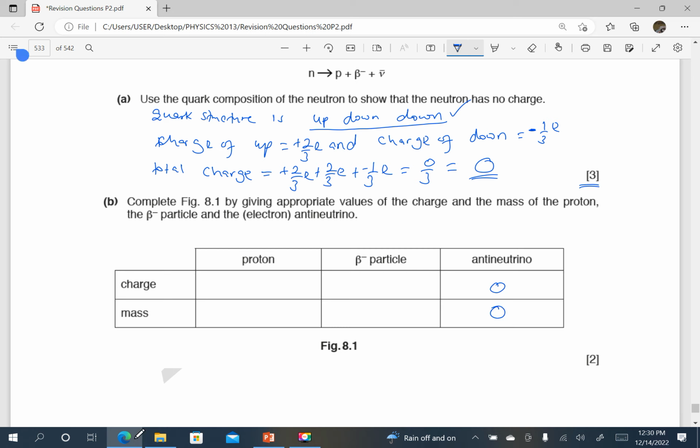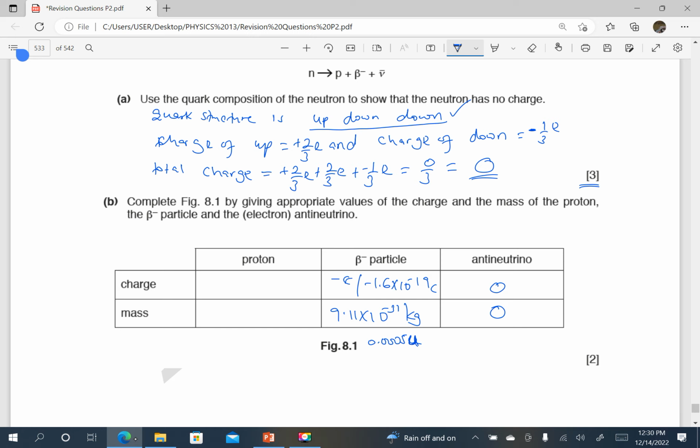A beta minus is an electron whose charge is negative e, or negative 1.6 times 10 power negative 19 coulombs. Then the mass, this is an electron, so it is 9.11 times 10 power negative 31 kilograms. Or this can be 0.0005 in unified atomic mass units, u.